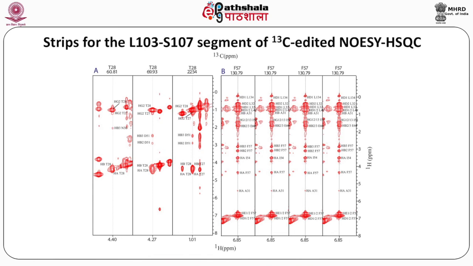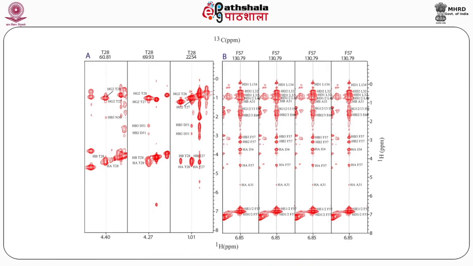So, if we look carefully, we see that for this T28, there are various carbons corresponding to this residue at 60.81 ppm, at 69.93 ppm and at 22.54 ppm. And then there are protons attached to them. We have HA, we have HB and HG protons also.